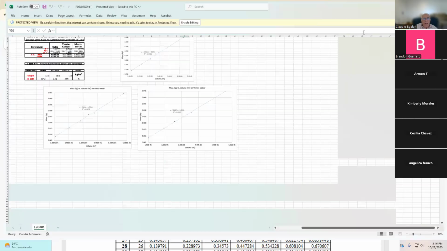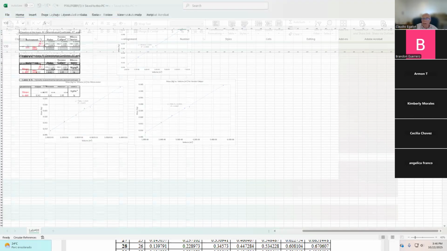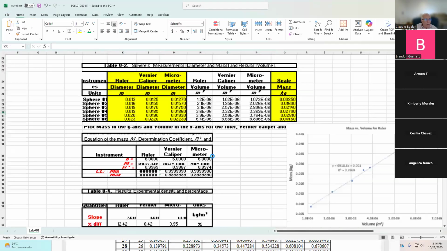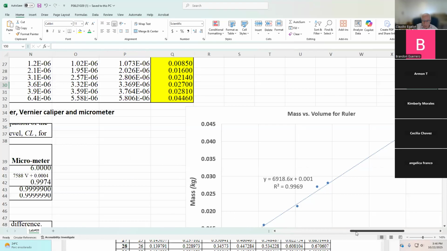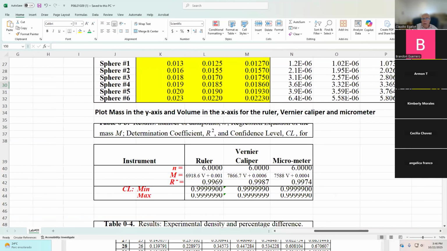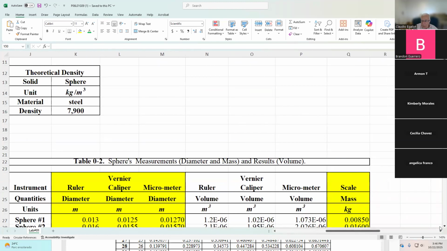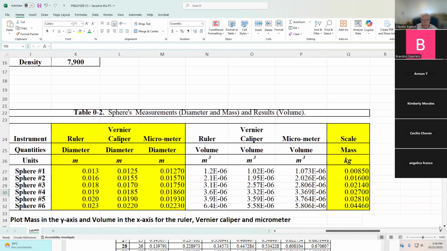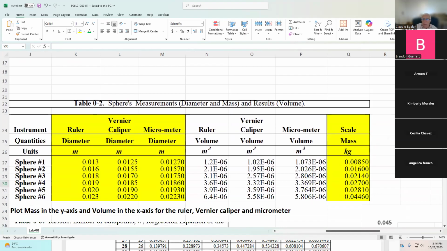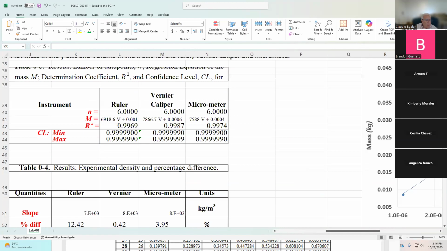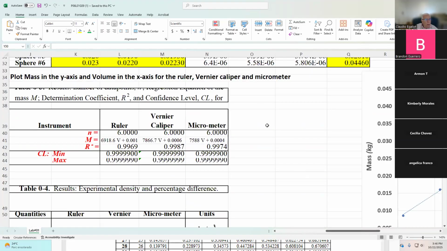Okay, enable editing. Let's zoom in. Okay, so 1, 2, 3, 4, 5. That's good. 2, 3, 4. That's good. 1, 2, 3, 4, 5. Yeah, the sig figs are correct. Okay, and here we go.